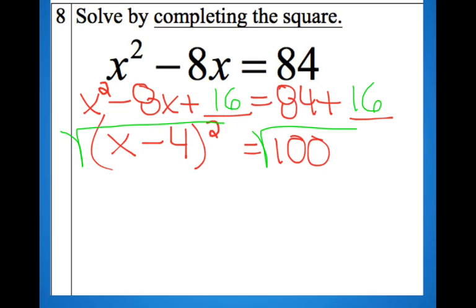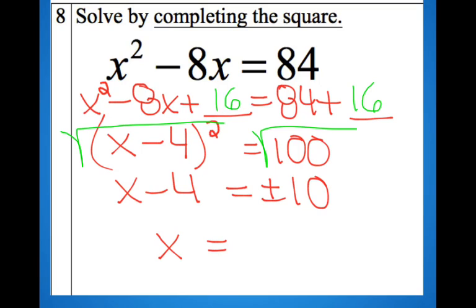So we have x minus 4 equals plus and minus 10, and then we add the 4 over to the other side, so it's going to be 4 plus and minus 10, and you can see the two answers out of this would be 4 plus 10, which would be 14, and 4 minus 10, which would be minus 6.